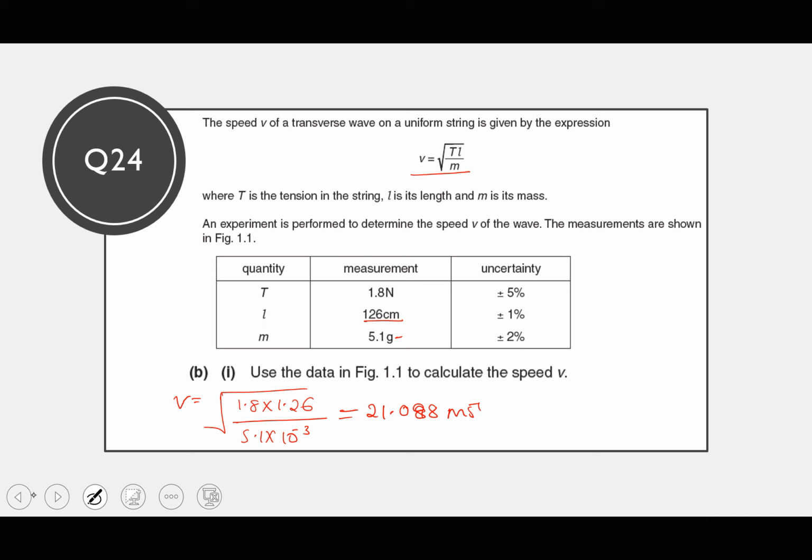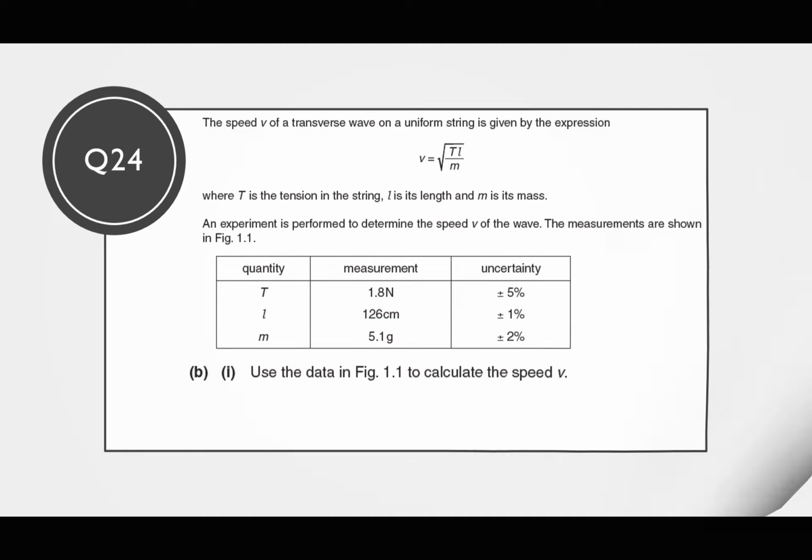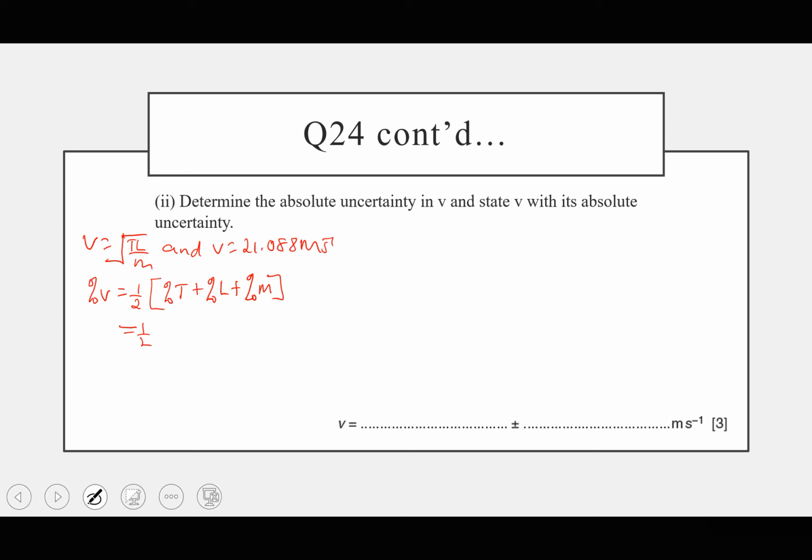Okay, for T, it is 5%. For L, it is 1%. And for M, it is 2%. So we can now substitute.